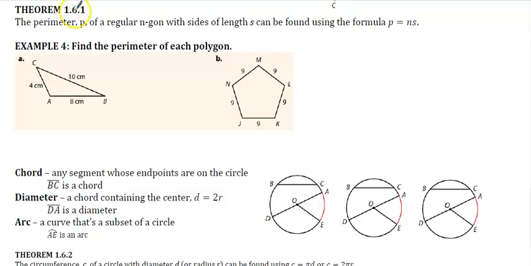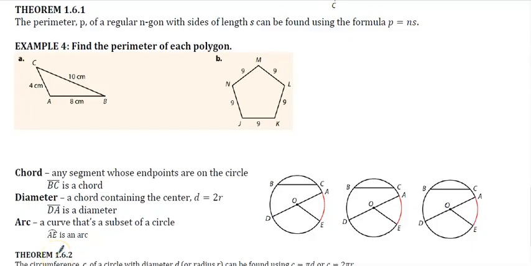And then .1 means it's the first theorem that you're taught in this section. Everyone will be like that. So if you are struggling with understanding a theorem and you need to go back and reference it, you can always go off the name of it. Because down here we have theorem 1.6.2. It's the second one in section 1.6.